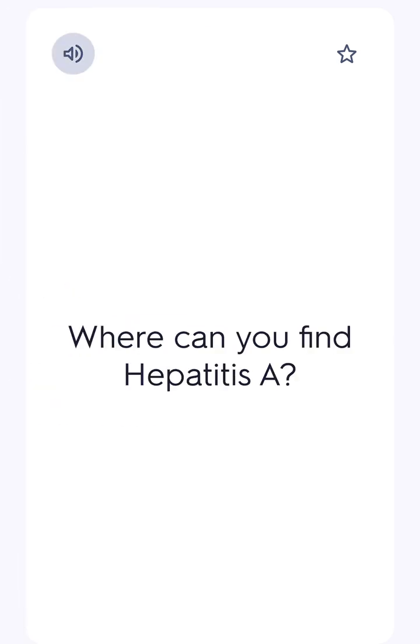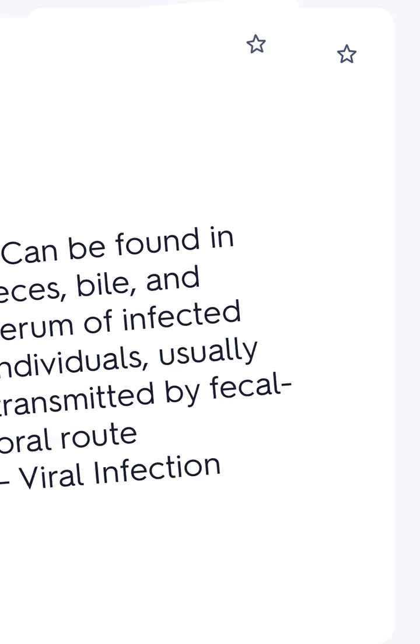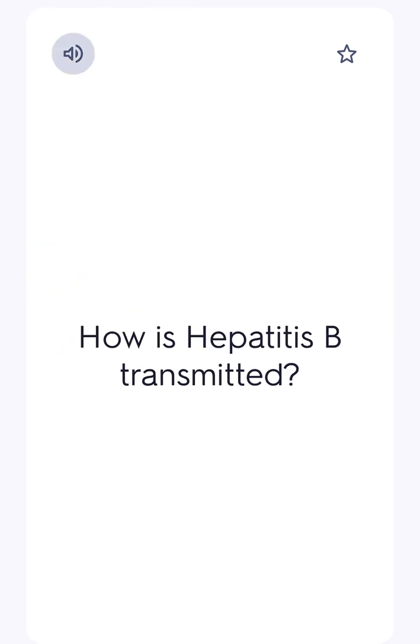Where can you find hepatitis A? Can be found in feces, bile, and serum of infected individuals, usually transmitted by fecal-oral route, viral infection. How is hepatitis B transmitted?